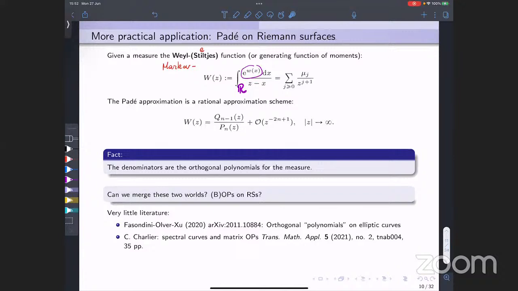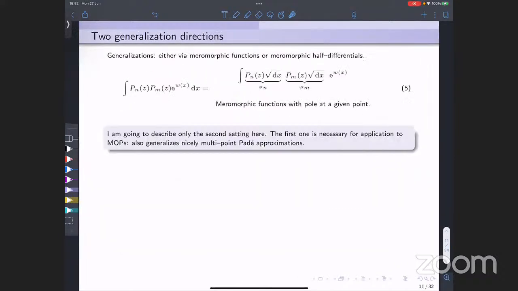Okay, so there are two ways in which you can generalize orthogonal polynomials when we go on a Riemann surface. I'll flash this one, but I will discuss the other.